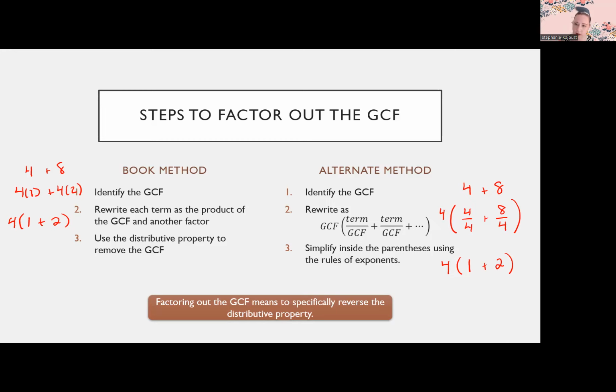And these are equivalent because, like on the right side, if I'm dividing by 4, I'm also multiplying it by 4. So it kind of cancels out. I'm not actually changing what it's equal to. I'm just rearranging. It's like I had this 4 plus 8, and I'm multiplying it by 1, but instead of writing it as 1, I wrote it as 4 over 4.